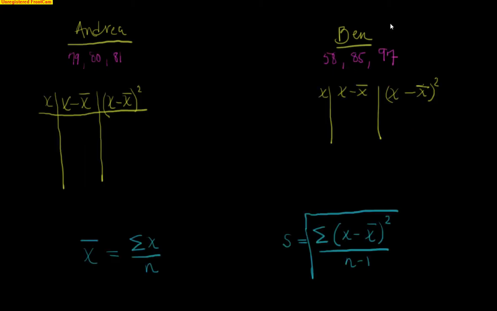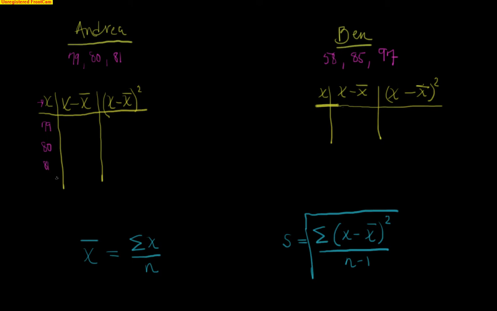I've created a couple of tables that may look a little overwhelming at first, but let's just talk about a few things. This first table is our X values. Right here I'm going to write Andrea's 3 test scores, 79, 80, and 81.